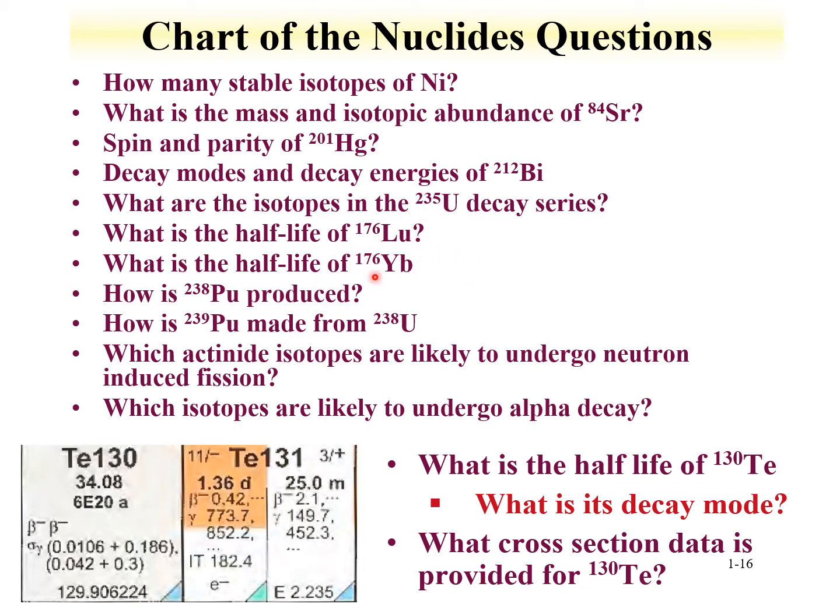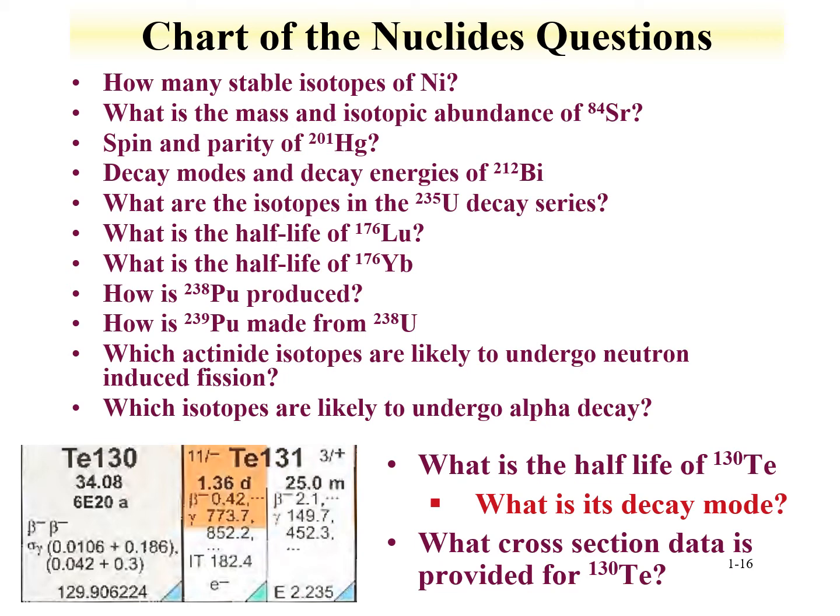Lutetium-176, ytterbium-176. How is plutonium-238 produced? How do you make plutonium-239 from uranium-238? We've actually discussed these in the previous lecture, but you should be able to look at the chart of the nuclides and figure that out. Which actinide isotopes are likely to undergo neutron-induced fission? Those with large fission cross sections.